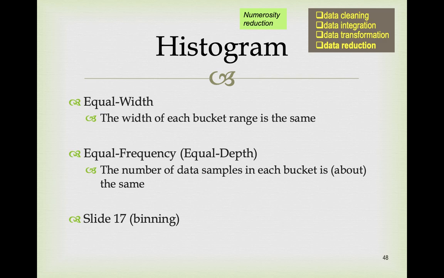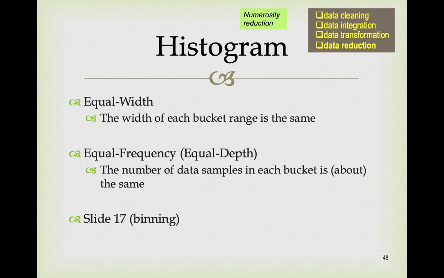What is a histogram? We can have equal width, where the width of each bucket range is the same. Or we can have equal frequency, or equal depth, where the number of data samples in each bucket is about the same. You can always refer to slide 17, that is binning.